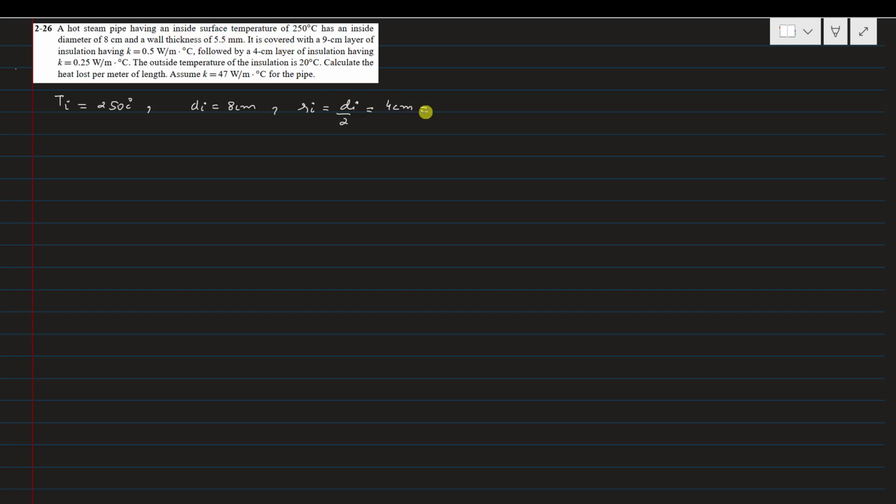Convert that into meters, just divide by 100, so it will be 0.04 meter.